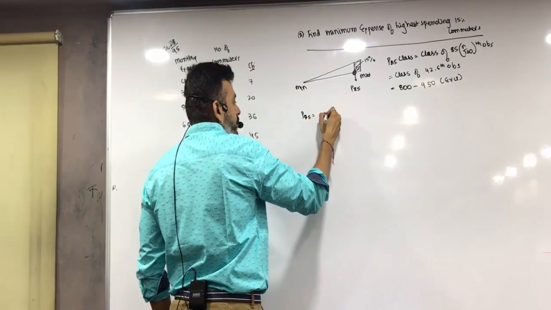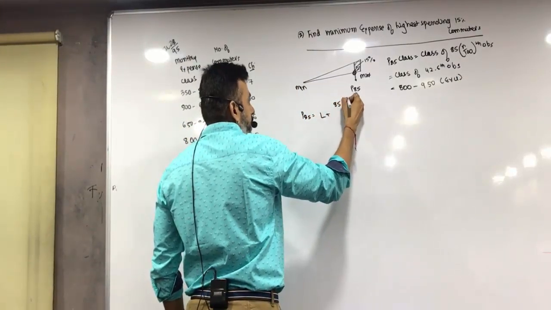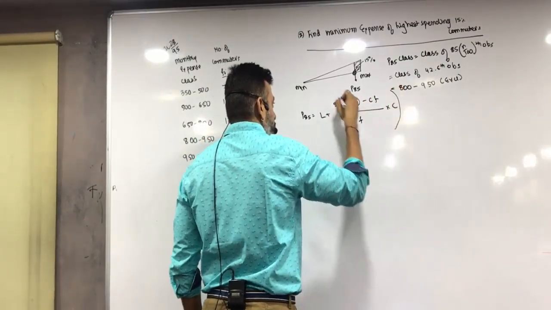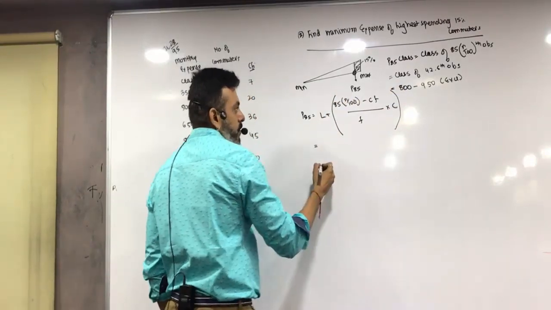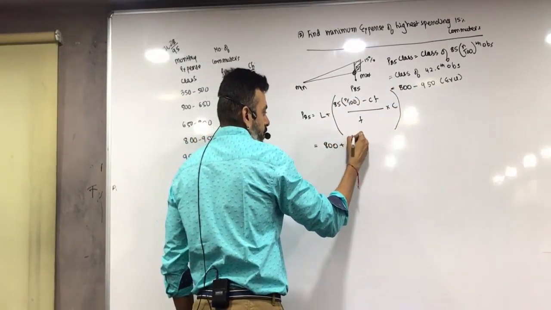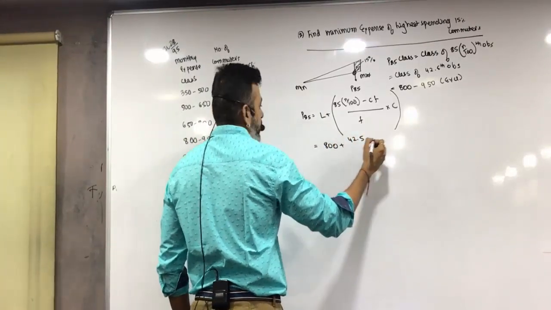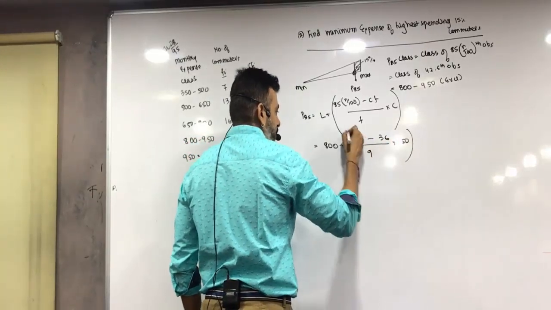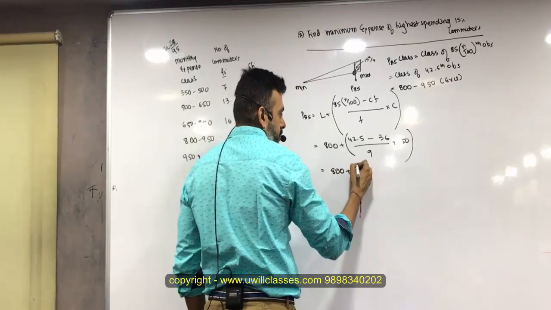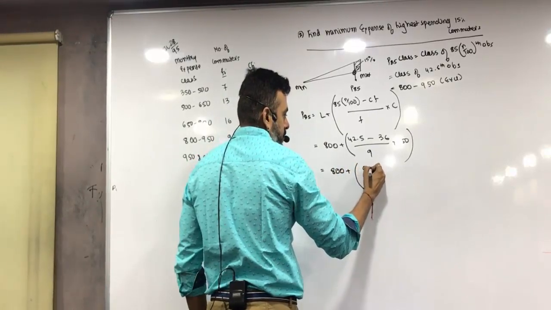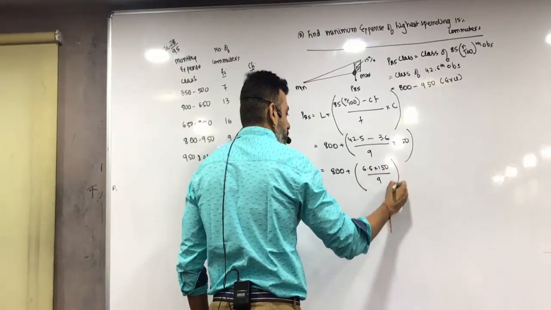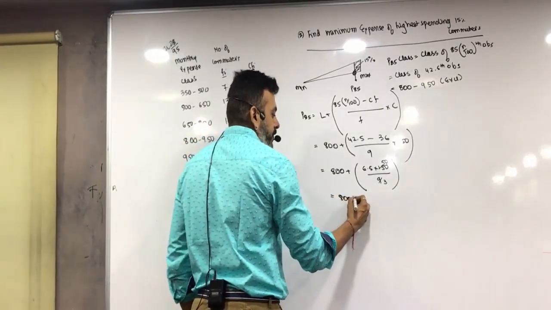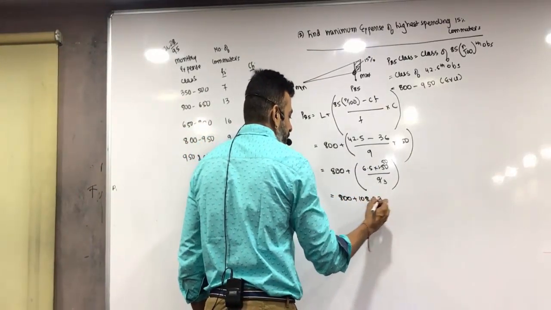P85 is equal to L plus (85n by 100 minus CF) upon F into C, which is equal to 800 plus (42.5 minus 36) upon 9 into 150, which is 108.33. So 800 plus 108.33.